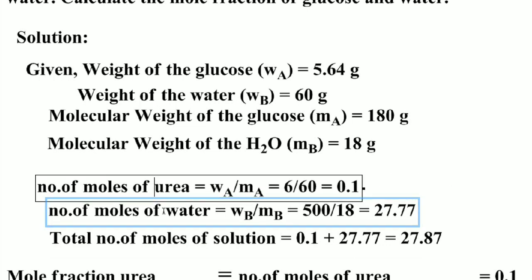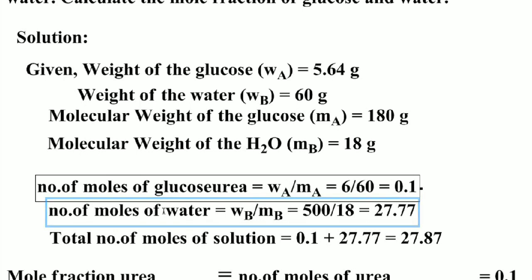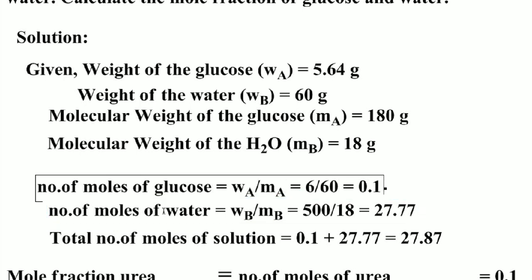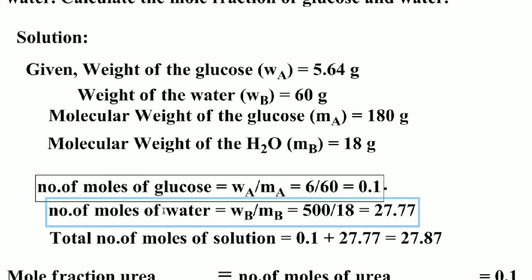So the number of moles of glucose is equal to the weight of the glucose divided by the molecular weight of the glucose, that equals 5.64 divided by 180.